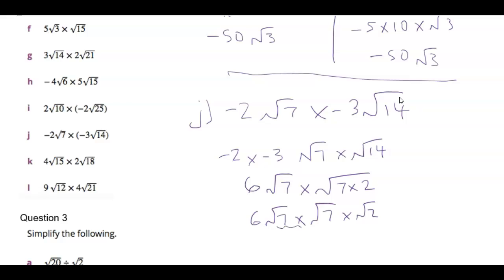Now remember, the square root of 7 times the square root of 7 becomes the square root of 49, which is just going to be 7. So I've got 6 times 7, which is 42, root 2. Okay, so this method here, the root 7 times root 14, we did earlier. But this time we've just got another number there. So 6 times 7 is 42, and then we're just left with the root 2 on the end.